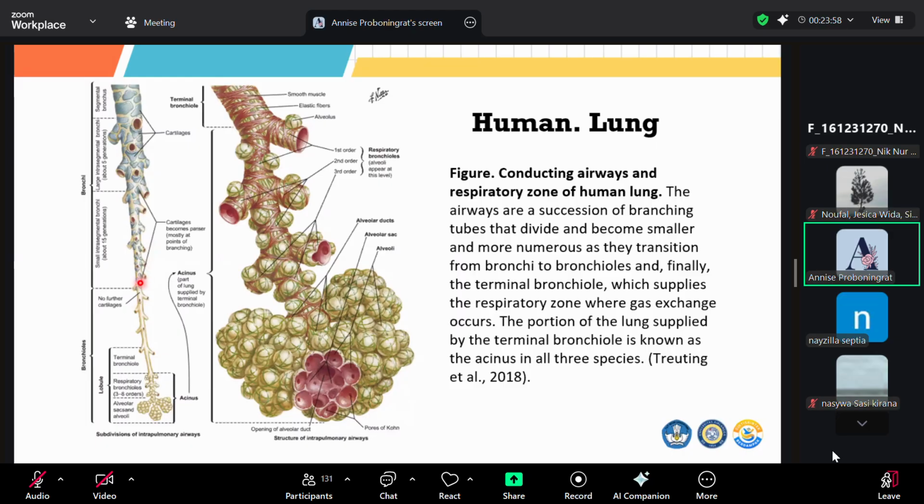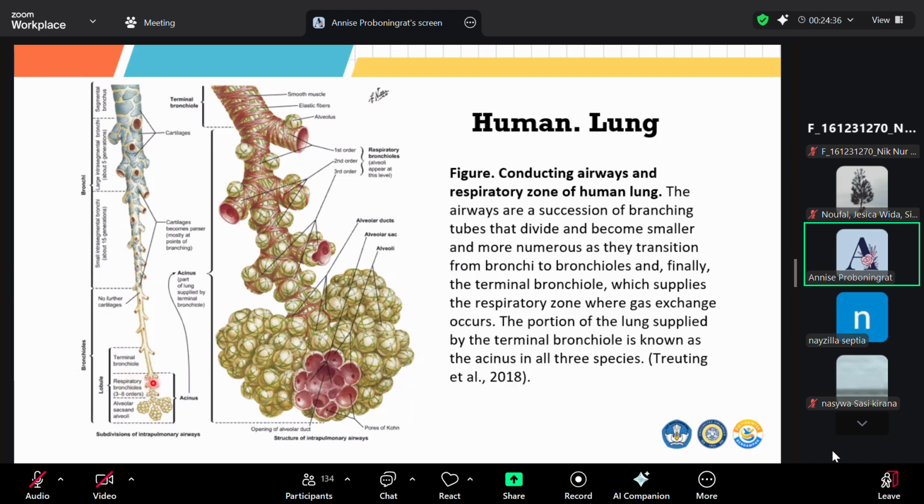And then when the bronchi continue to the lower part, particularly the bronchioles, there is no further cartilage in the wall. The bronchioles consist of two parts: the terminal bronchiole and the respiratory bronchiole.